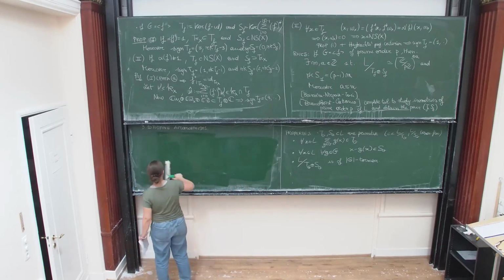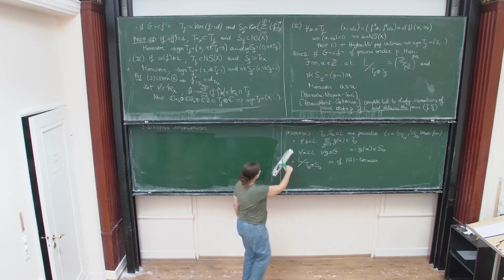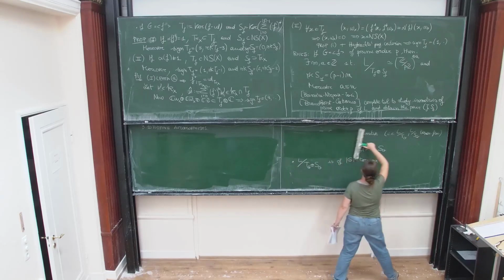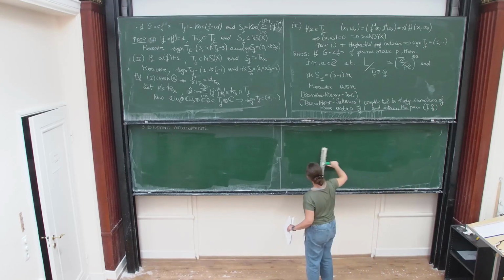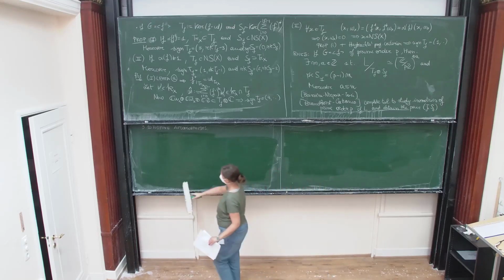There is a geometrical invariant which is clearly attached to our automorphism, which is the fixed locus, and its geometry.